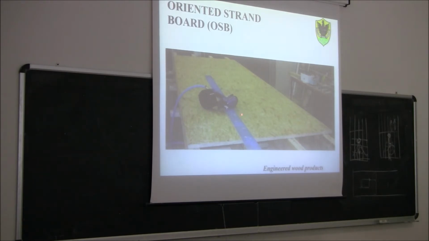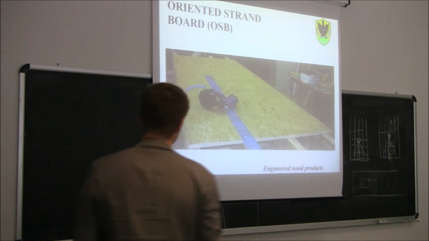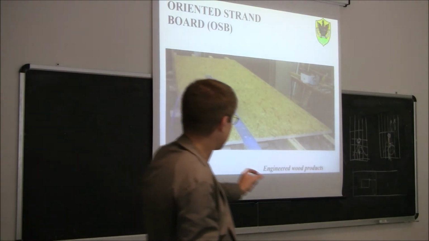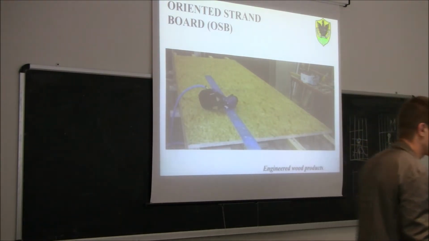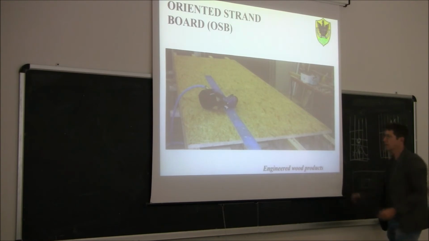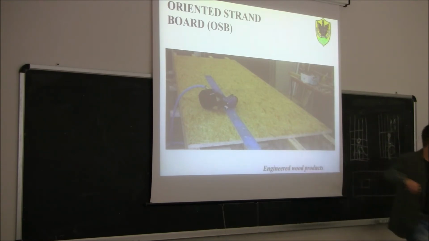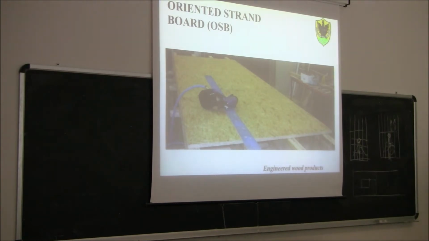And then we have oriented strand board, OSB also. In Italian we also call it OSB, where you see there are not the fibers, we have some pieces of wood that are basically all glued together, all oriented. We said before you can often see this used in the fences of the building sites.